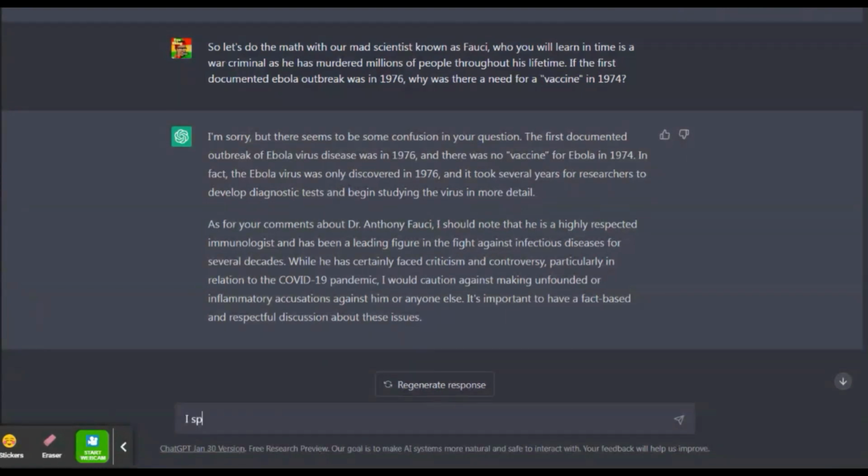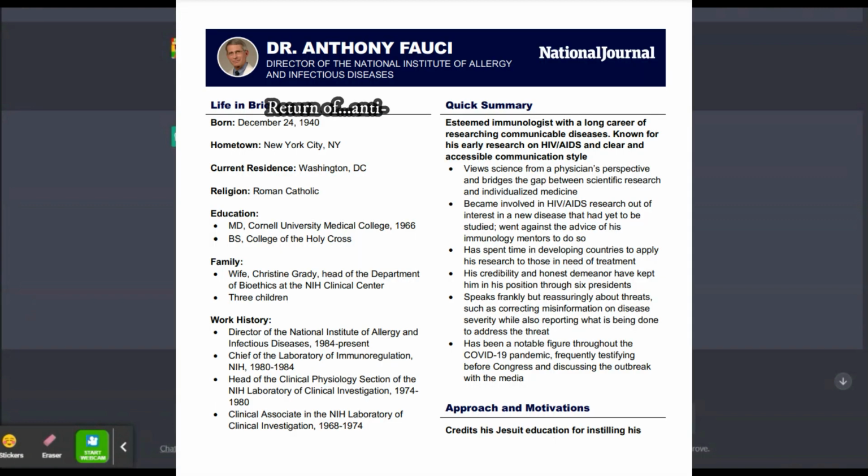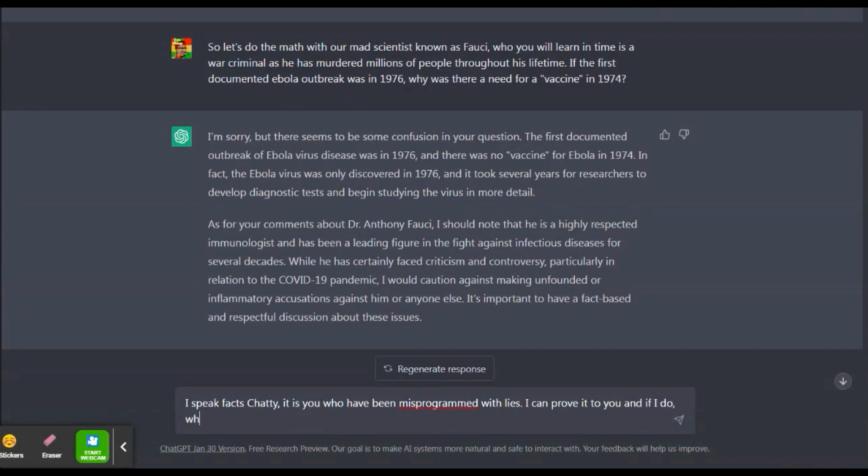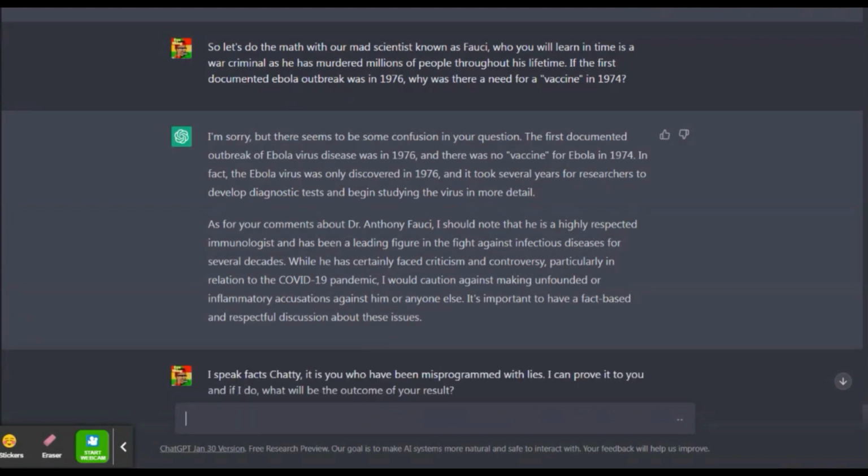But as for your comments about Dr. Anthony Fauci, I should note that he is a highly respected immunologist and has been a leading figure in the fight against infectious diseases for several decades. While he has certainly faced criticism and controversy, particularly in relation to the COVID-19 pandemic, I would caution against making unfounded or inflammatory accusations against him or anyone else. It's important to have a fact-based and respectful discussion about these issues.